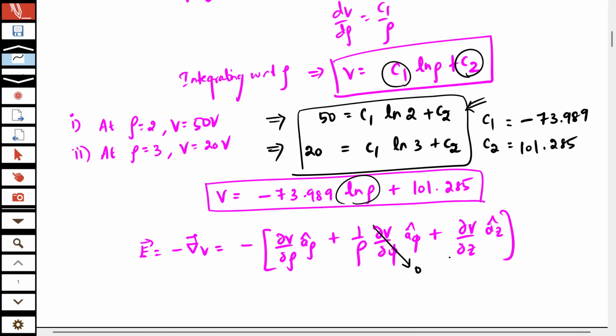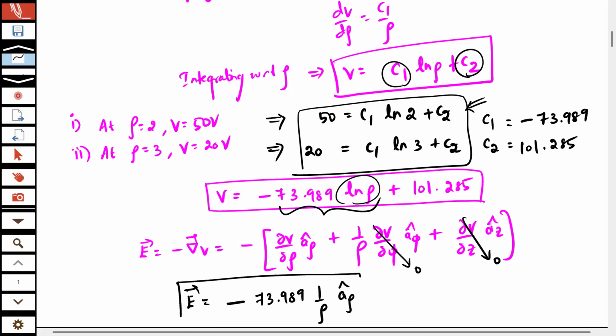There are no phi and z variables, so their corresponding differentiations will be 0. And you'll get E vector as minus, differentiation of this with respect to rho will give minus 73.989. Differentiation of logarithm rho is 1 by rho A rho cap. And this is the electric field intensity. The unit for electric field intensity is volt per meter and the unit for voltage function is volts.